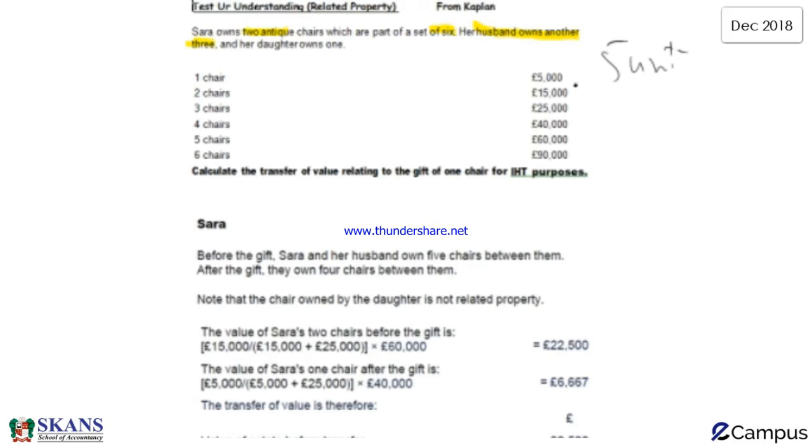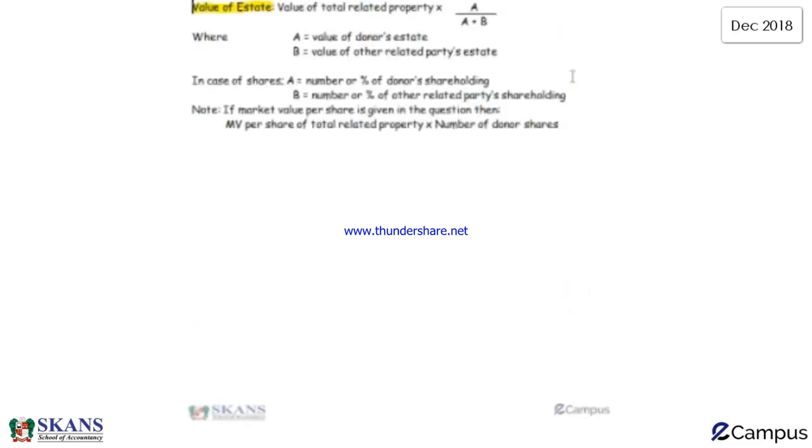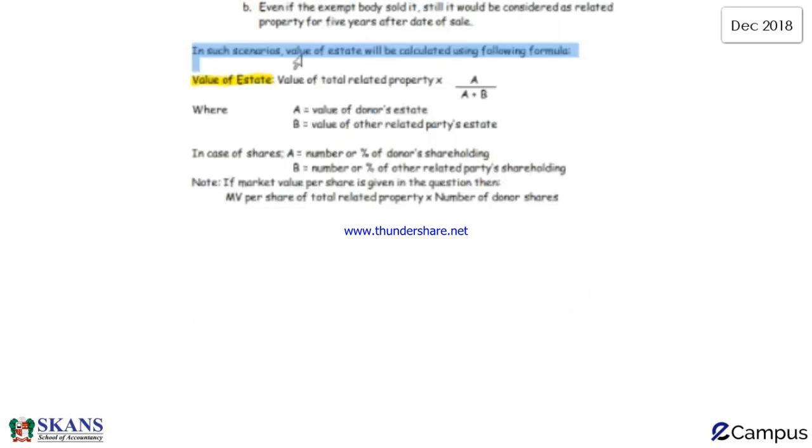But this time the value of estate for 2 units would not be 15,000. We will be using this formula in order to calculate value of estate before transfer of 2 units. Well, what is the formula? The formula says value of total related property.